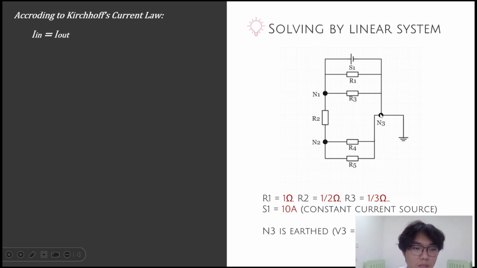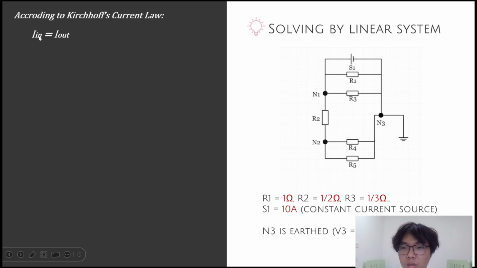Especially for N3, it is earthed. That means the voltage of N3 equals 0. We need to analyze the voltage of N1 and N2. So first we need to form equations according to Kirchhoff's current law.